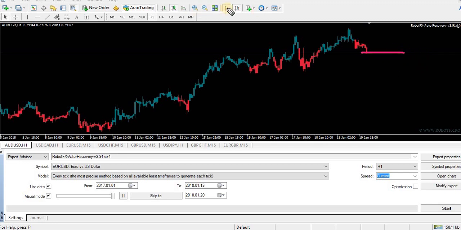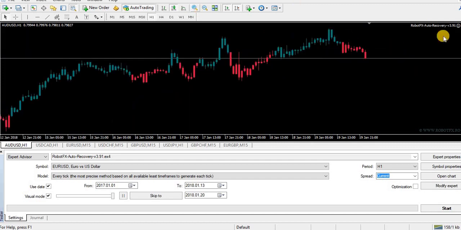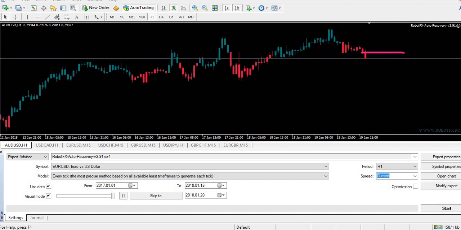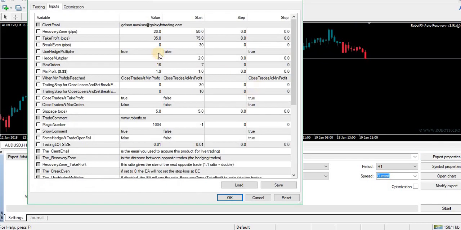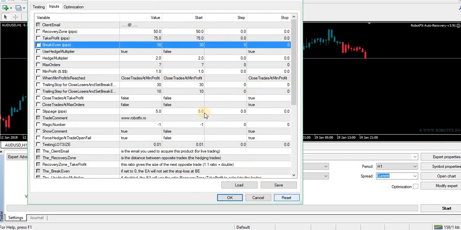So if you open a buy right here, and if the price will move 30 pips away, which is the break-even distance, but again you can choose whatever value you want, then the expert advisor will place, of course, the stop loss somewhere right there at break-even. That's the break-even. I think you are familiar already with that. Why does it keep loading the same settings?